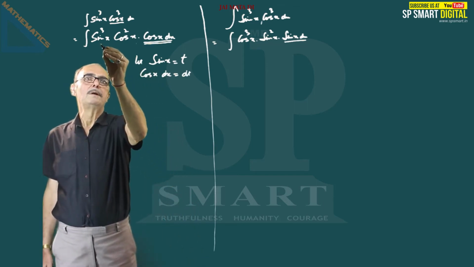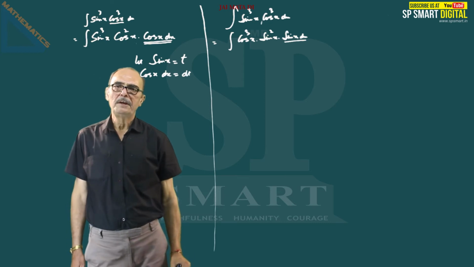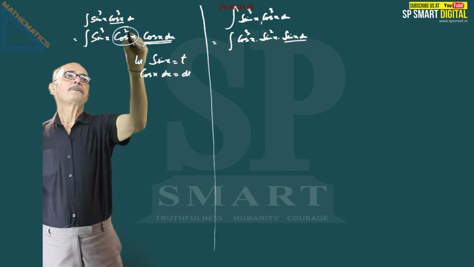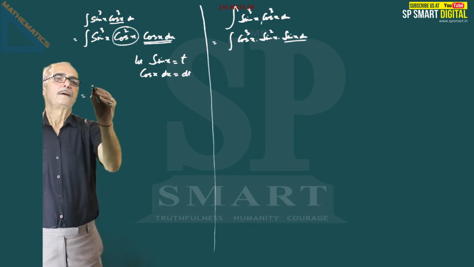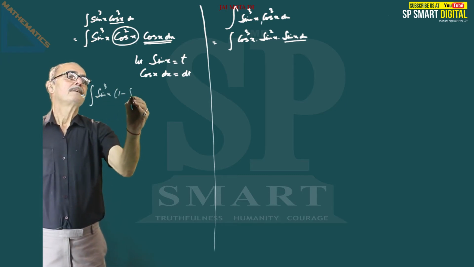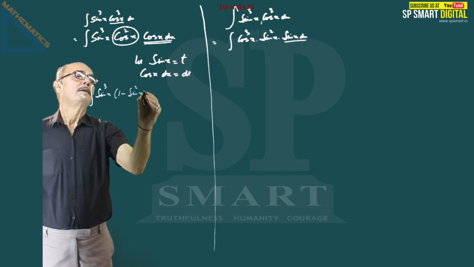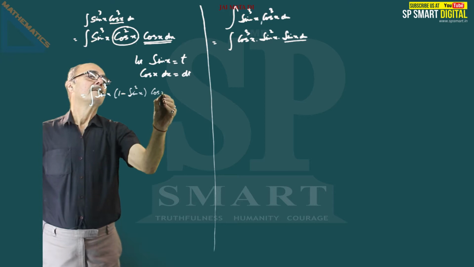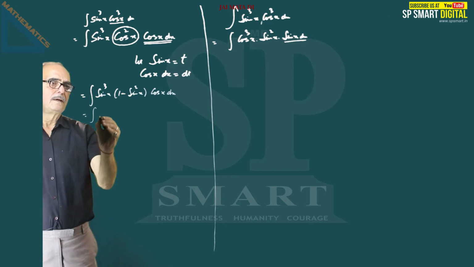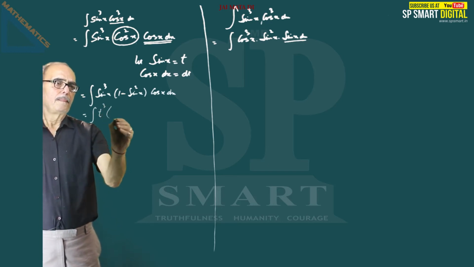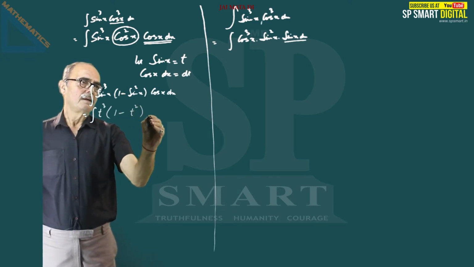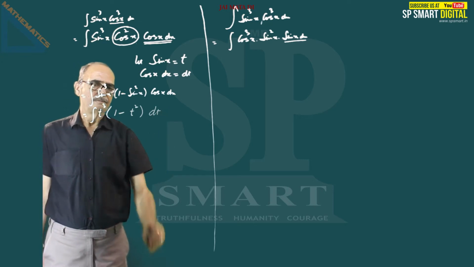For sin cube we shall write t cube. What about cos square x? Let us convert this into sine: sin cube x into 1 minus sin square x into cos x dx. Now, further this is t cube, because sin x is t, 1 minus t square dt.